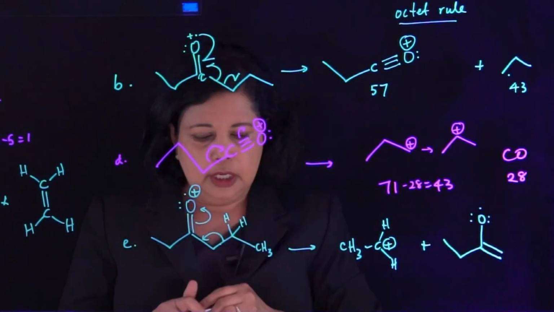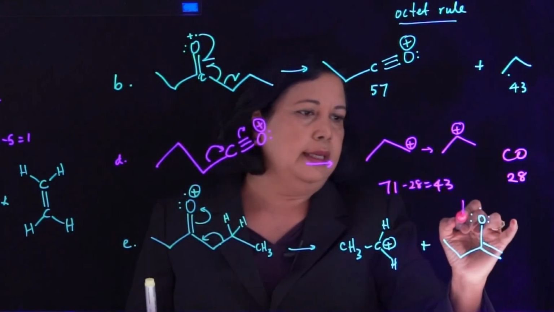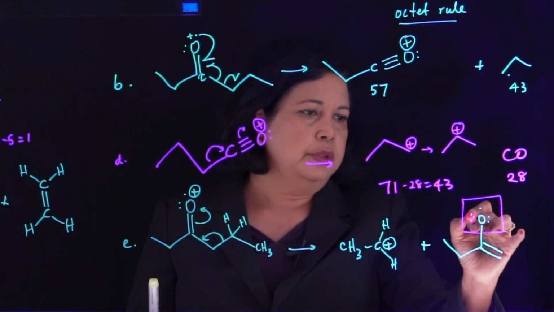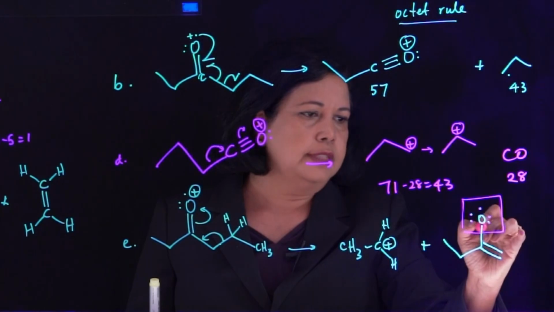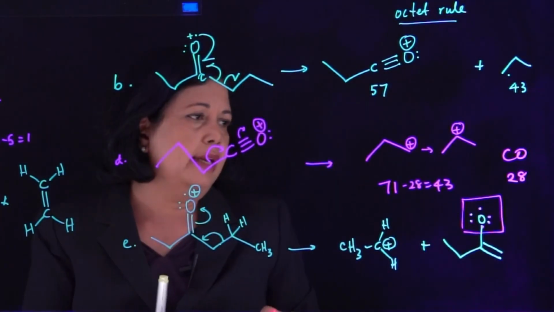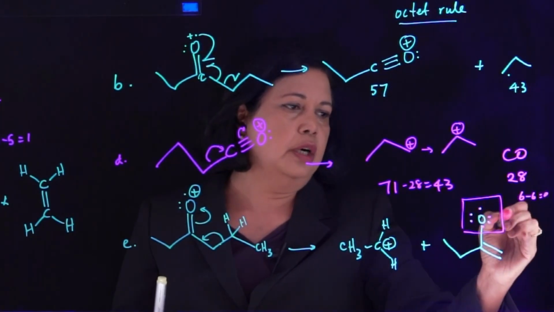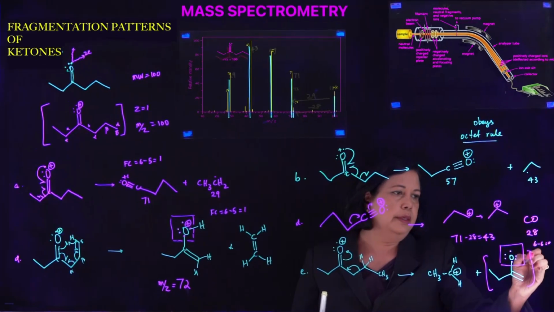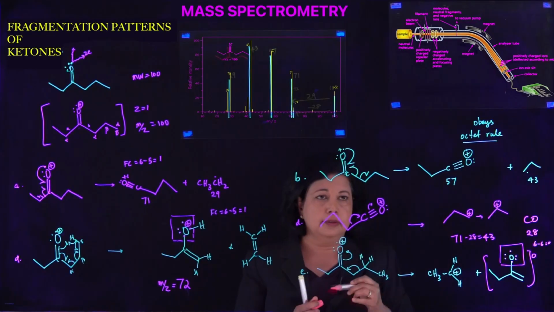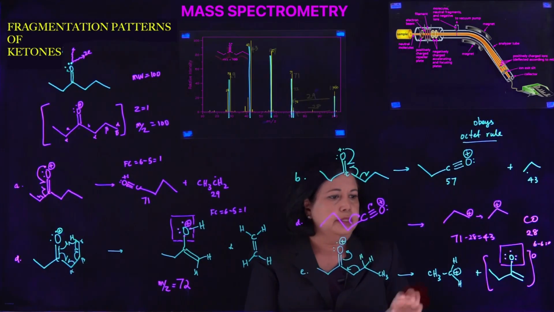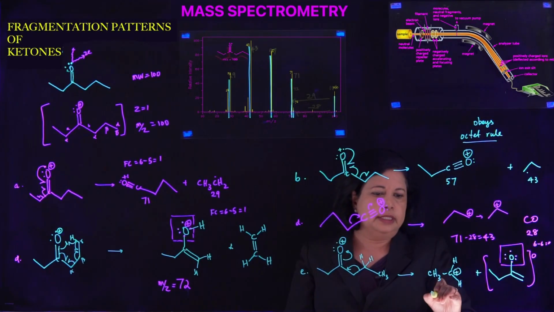And if you do formal charge for this, this is going to be 1, 2, 3, 4, 5, 6. So it's a radical. 6 minus 6 is a 0, so there is no charge here. This is a 0 fragment that flies out of the chute. So this is your 29 m over z peak.